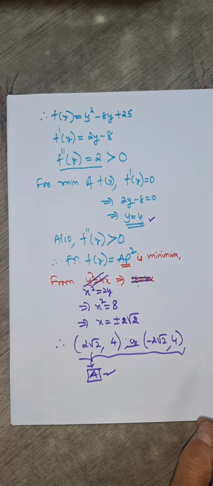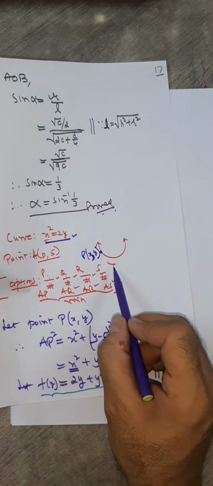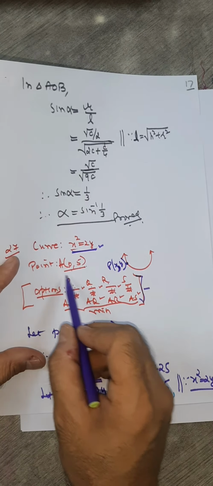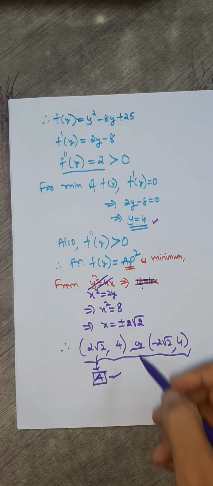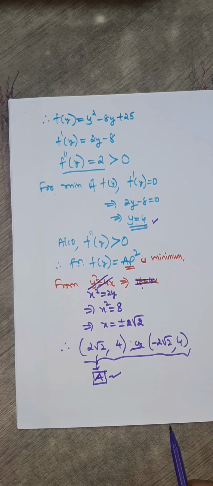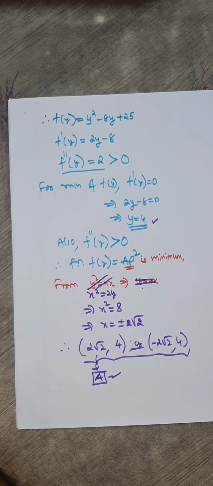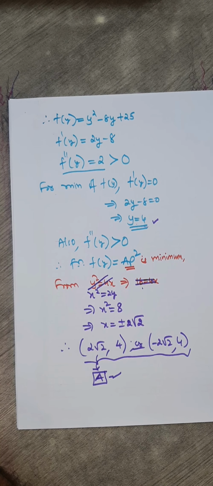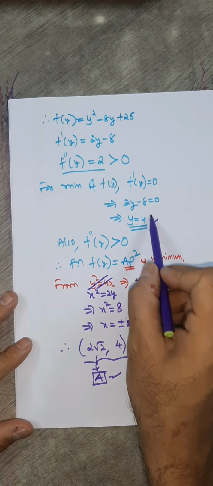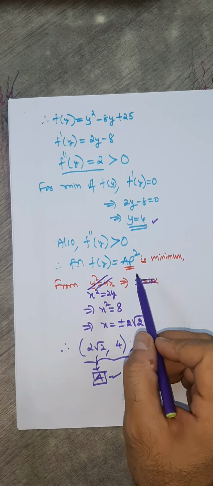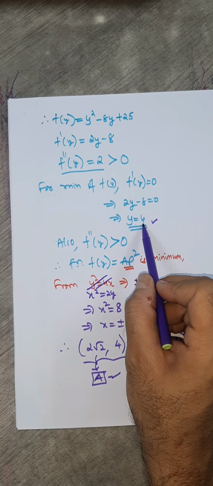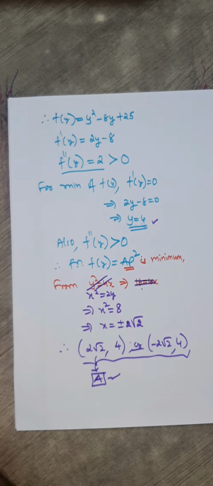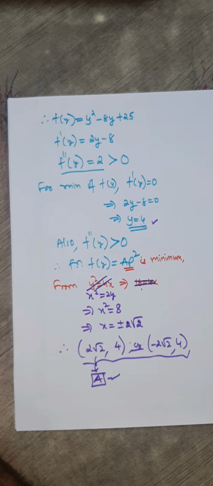The other way I already told you is the shortest way to do this, from the options. I did the entire solution from a subjective point of view, but in an MCQ no need to do it this way. You can just do it by trial and error from the options, or once you get this you can immediately point out there is only one option where the y coordinate is 4. So you can stop here and directly write the first option as the correct option.